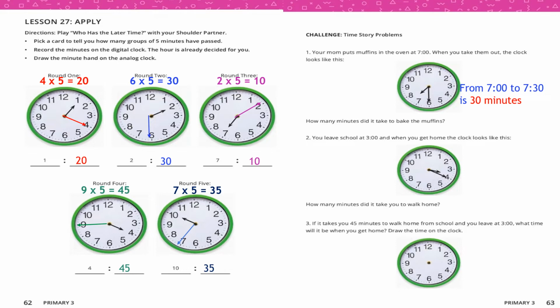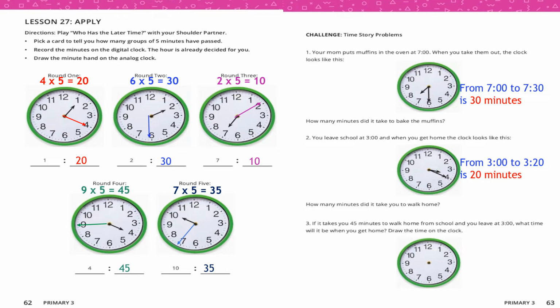The 4 is telling me what? 4 times 5, 20. So it's 3:20. So between 3 o'clock and 3:20, we have 20 minutes. The hours didn't change, just the minutes changed. So we have a 20 minutes difference between 3 o'clock and 3:20.